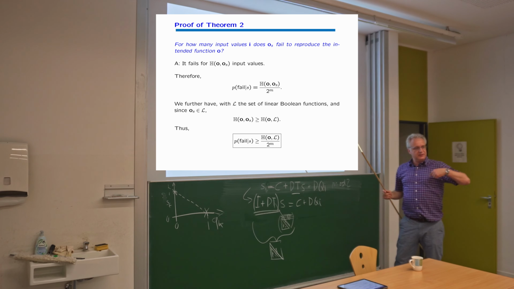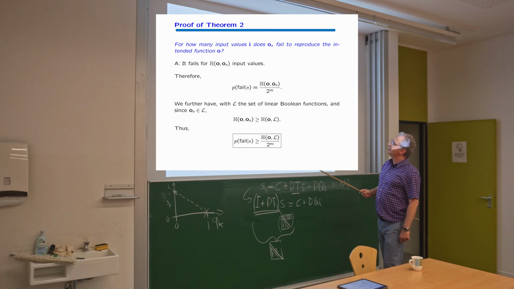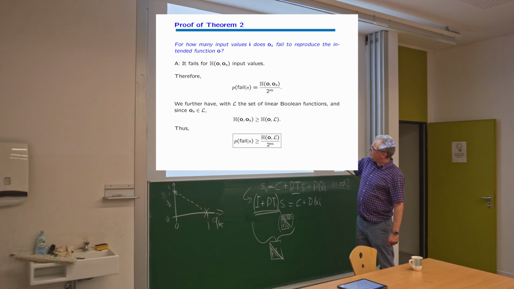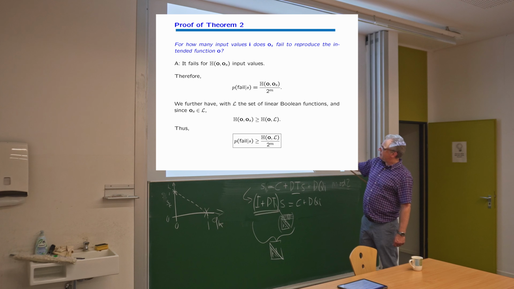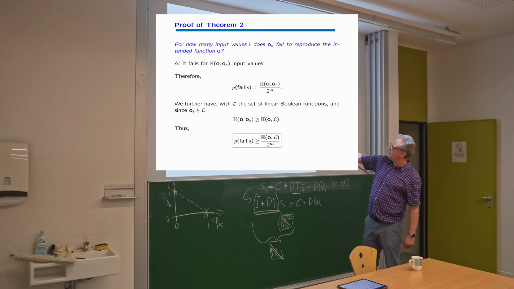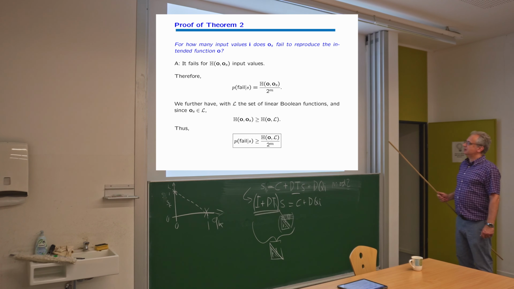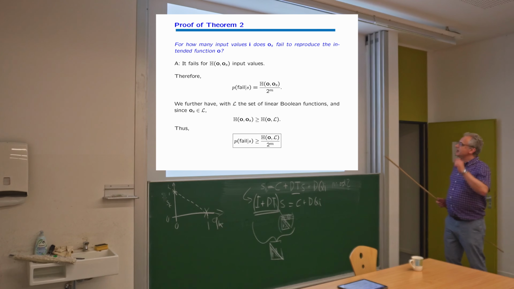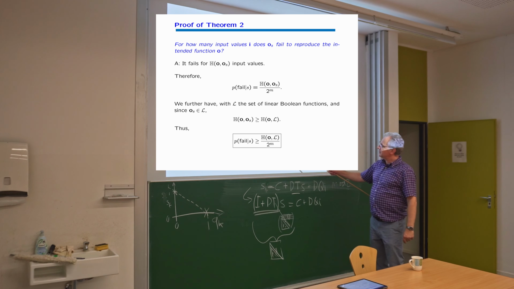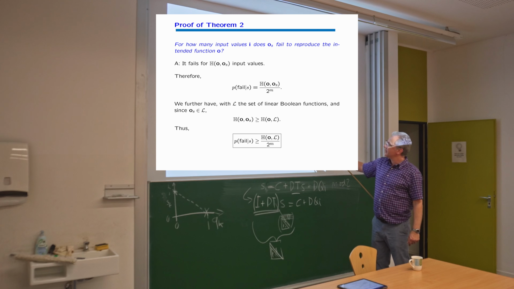And if the input values are chosen randomly, then the conditional probability of failure, if we are in this particular hidden variable model value assignment, is this Hamming distance divided by 2 to the m. Okay, so that's just what it is. And now we have a bound on that number.